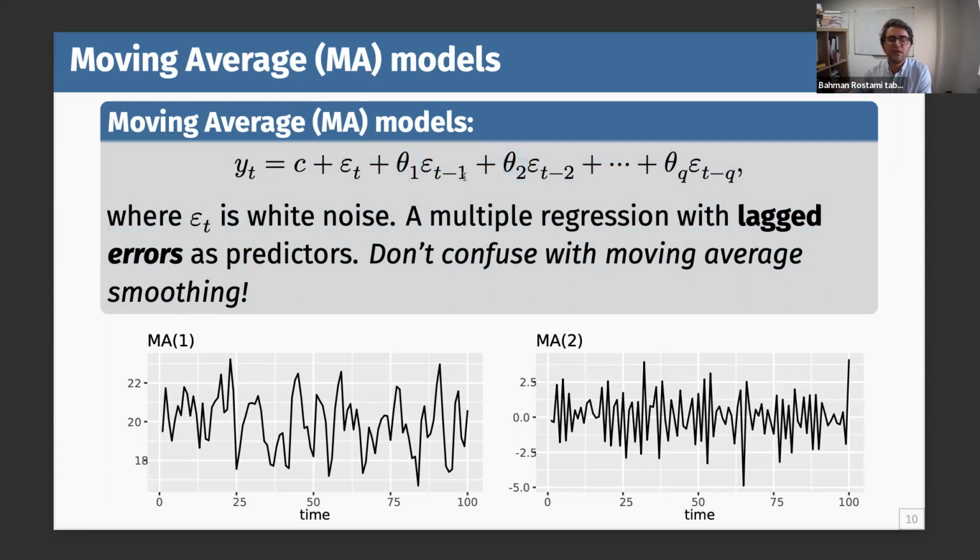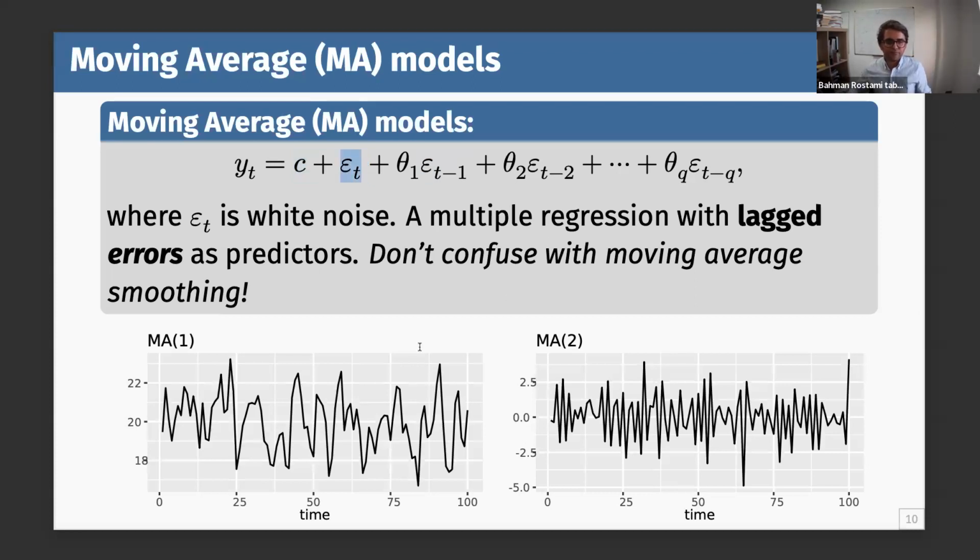So if we just add one error from the past, so epsilon t minus 1, it means q is 1. We also need to estimate the parameter theta. We also need to decide whether we include C or not, and then also estimate the variance of that error.